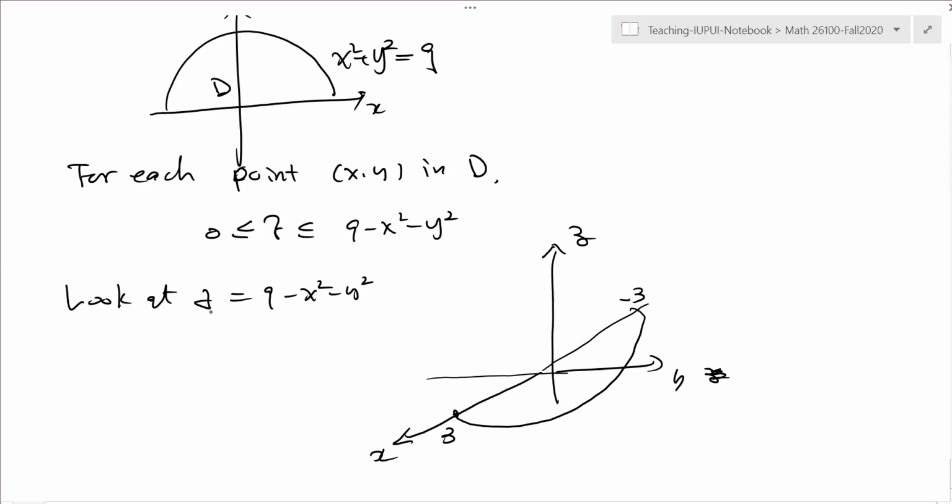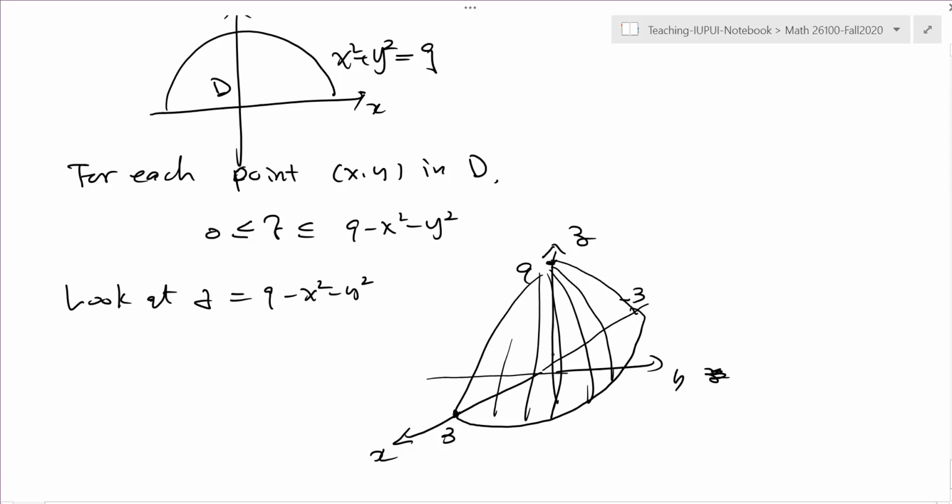And our Z, the graph of Z equals 9 minus x squared minus y squared, starts from 9. It's a paraboloid going down. When x squared plus y squared equals 9, Z is going to be 0. So what we have here is half of this paraboloid.